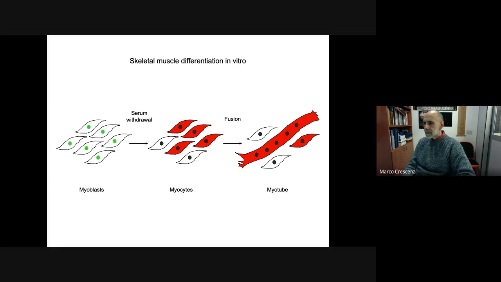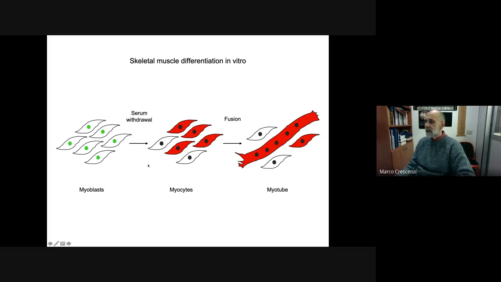So once you have grown myoblasts in the desired quantity, you can easily induce their differentiation by withdrawing growth factors, usually represented by serum. Fetal bovine serum is the most common source of growth factors in the laboratory. So if you remove growth factors, myocytes will stop proliferating.